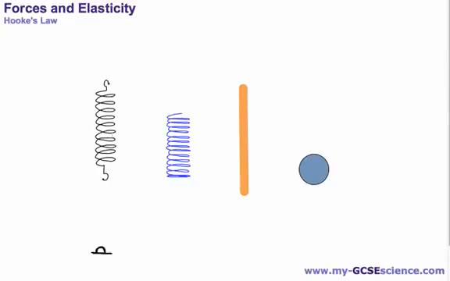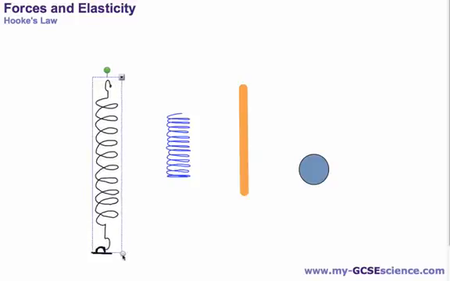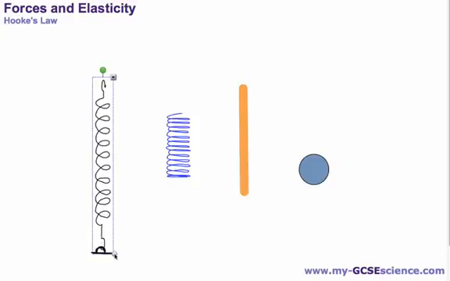Now to start us off, we can look at a few elastic objects. The first one is just a regular spring, and you can stretch that spring and it becomes longer. I'll hook it onto this little hook down here so it stays. What I've done here is I've stretched the spring and I have actually done work on the spring.